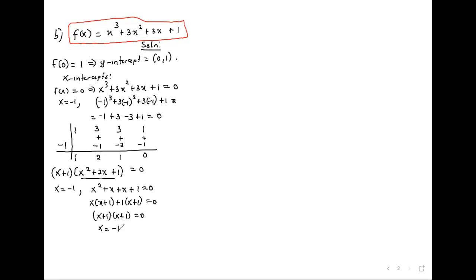turning points. The turning points, you differentiate the function. What is f prime of x? It is 3x squared plus 6x plus 3, and then equate it to 0. We divide throughout by 3, we're going to get x squared plus 2x plus 1 is equal to 0.